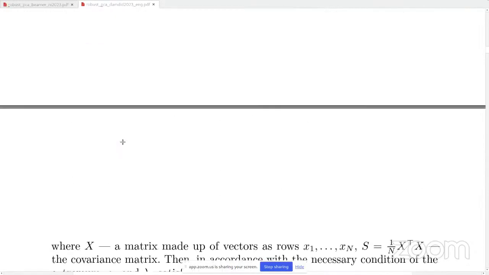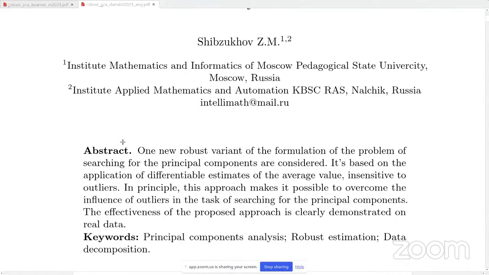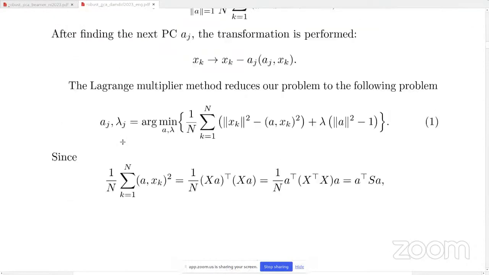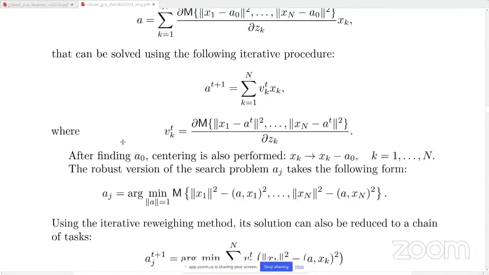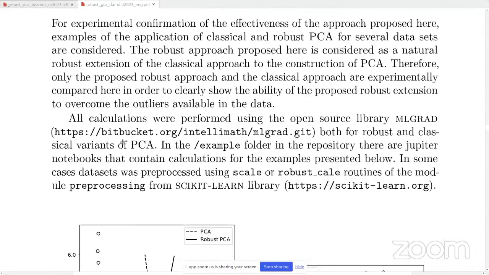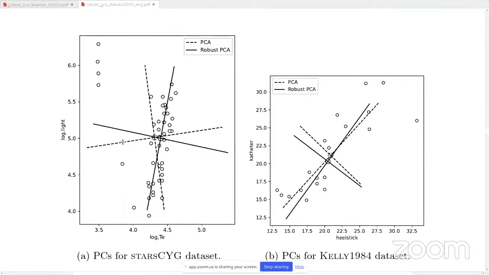The problem can arise if the data contain outliers. I show some pictures. For example, we can see some points on the plane. The left one is from a well-known data set about stars.